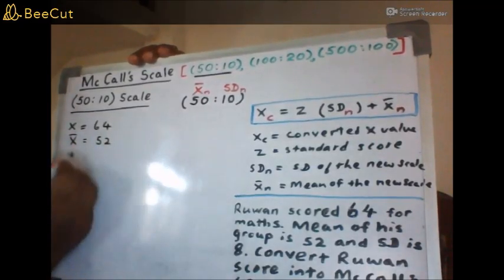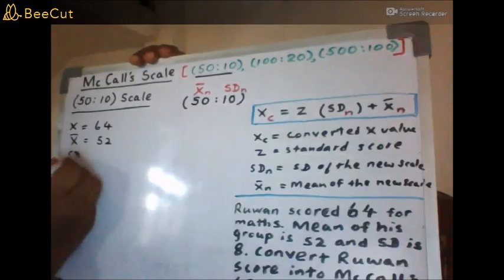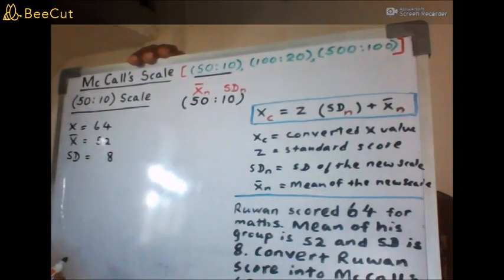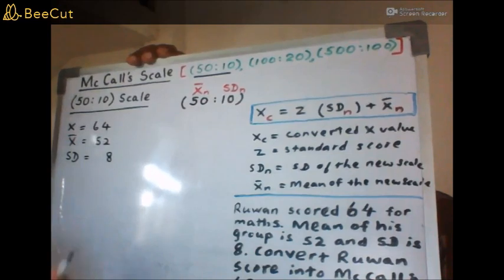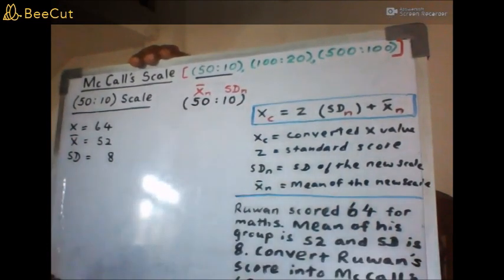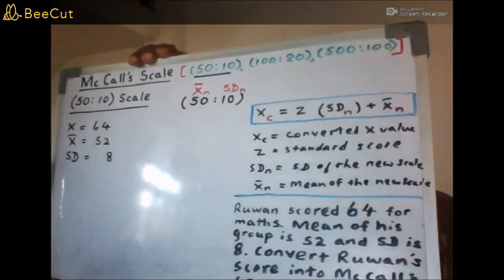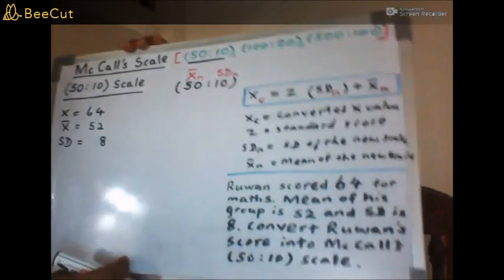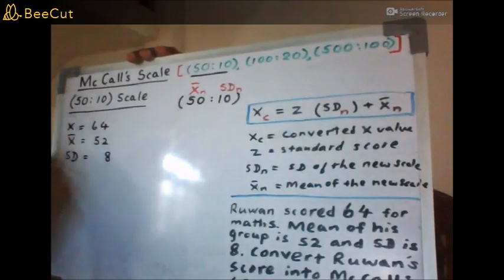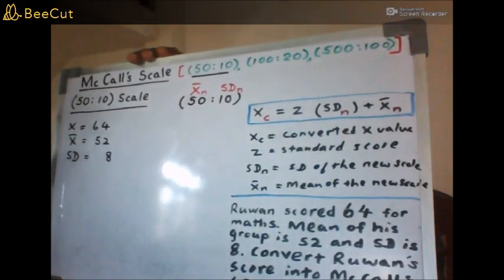Standard deviation is 8. They are asking you to convert Ruan's score into the McCall scale or 50-10 scale. So these are the things that we have.